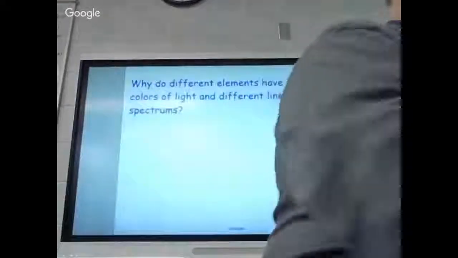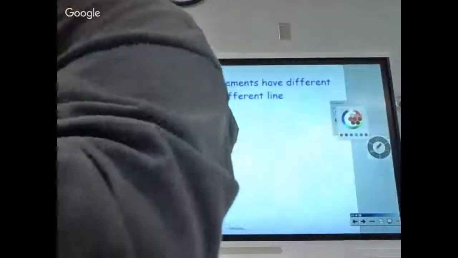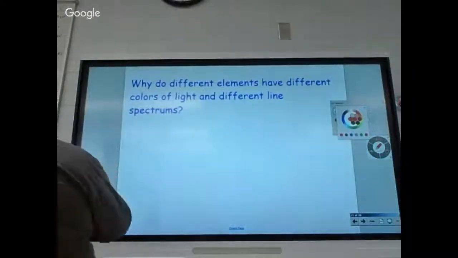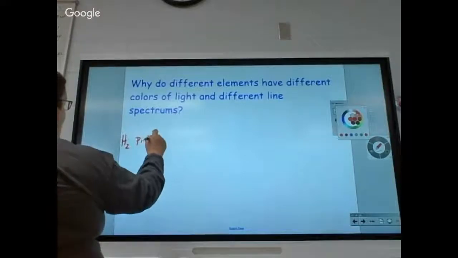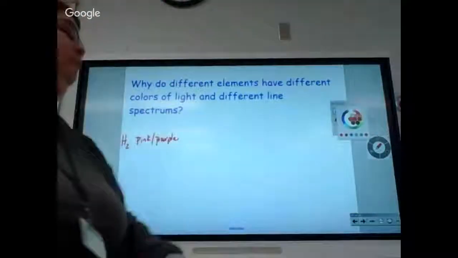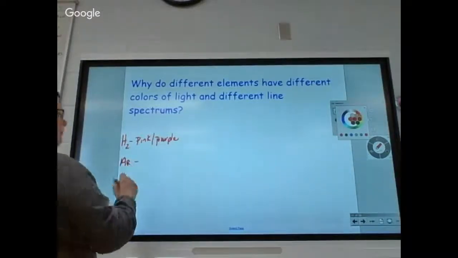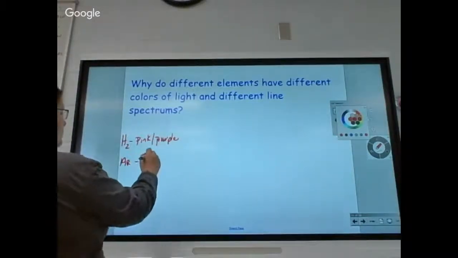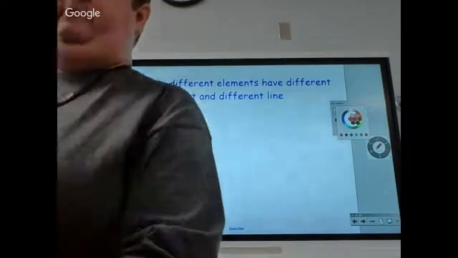Good smell. All right, so what color was that hydrogen one so I can write it down? The one I just took out. Pink. All right, so hydrogen was pink. This one, what did I just put in here? Argon. What color is argon? Very light blue. Pale blue. All right, so light blue.